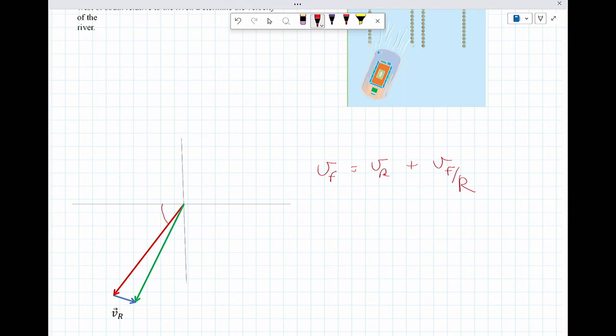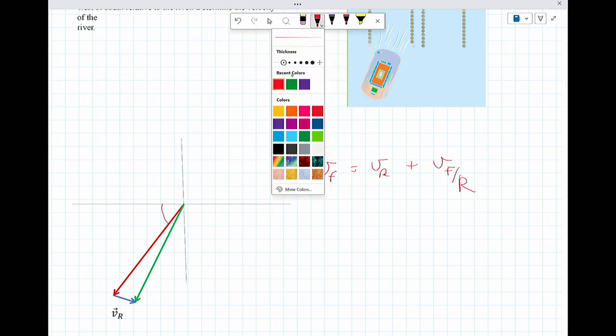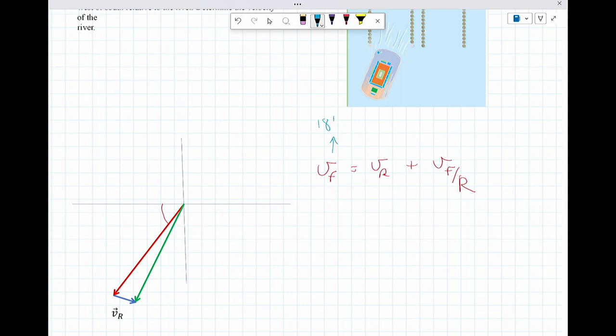So now you have the velocity of the ferry and the velocity of the river. The velocity of the ferry equals the velocity of the river plus the velocity of the ferry relative to the river. You're given at the beginning of this problem that this is 18 kilometers an hour, and this is equal to 18.4 kilometers an hour.